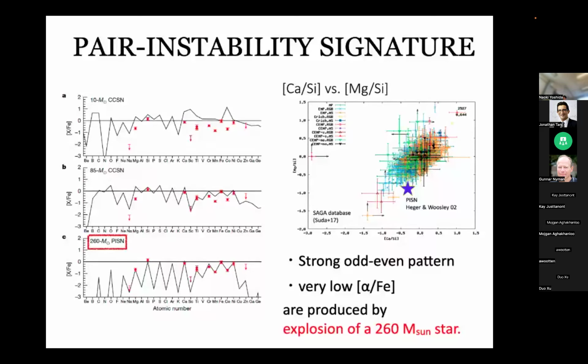This means that the LAMOST star is a second generation star that was formed out of the material produced by the explosion of a 260 solar mass, gigantic star. This is almost a direct signature of a putative pair instability supernova in the early universe.